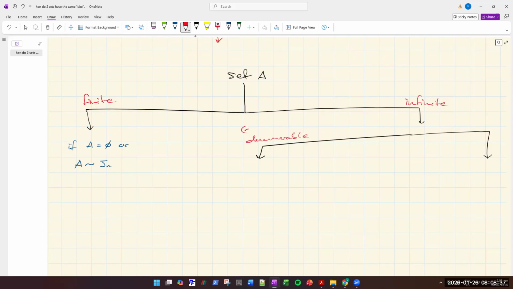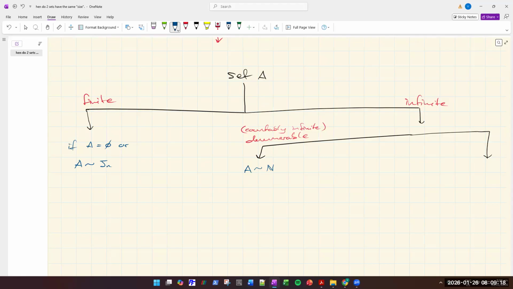A set is said to be denumerable, or countably infinite, if, instead of finding a bijective function between A and Jn for the finite set, you need to find a bijective function between A and all of the natural numbers.